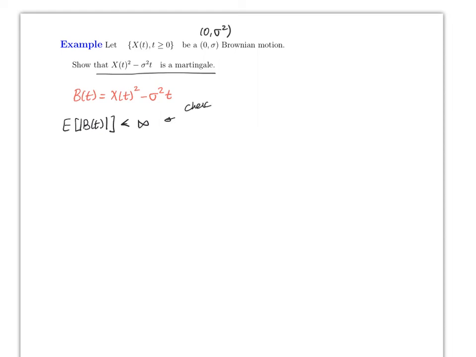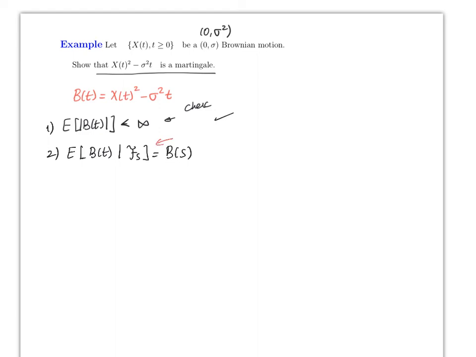Remember that this is a normal distribution, so therefore the expected value we already know is finite. So number 1 is fine. Number 2 is the one that requires all the work. So here we want to show that the expected value of bt given f of s will be equal to b of s.